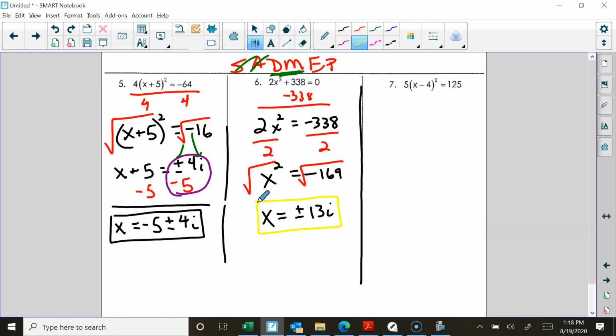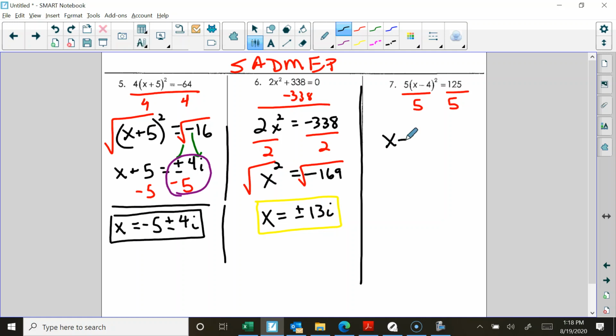All right, just to continue working problems. In SADMET, the first thing we can do in problem number 7 is the division, because there's no subtraction and addition outside the parentheses. So we're going to divide by 5.